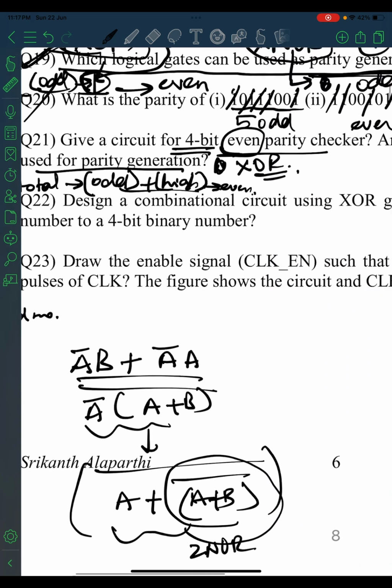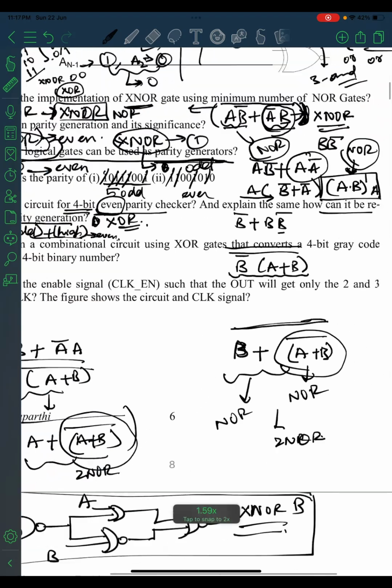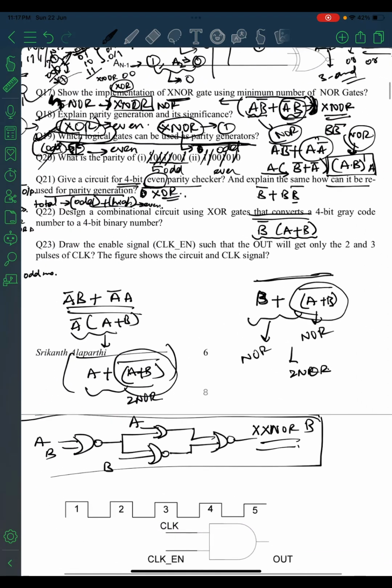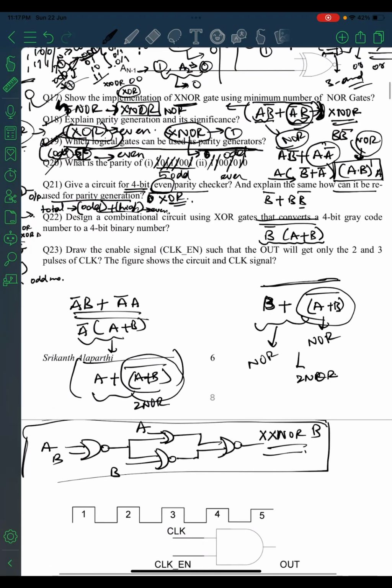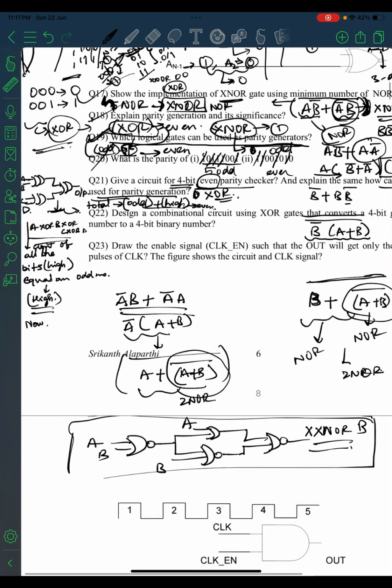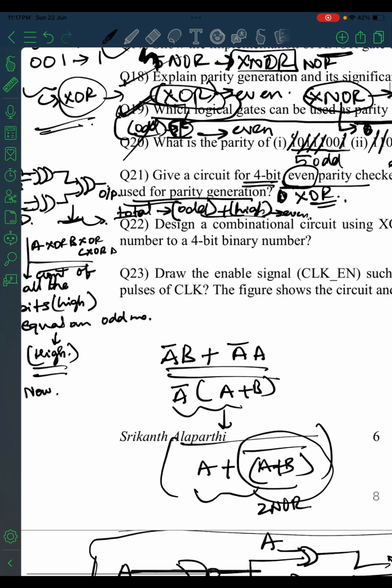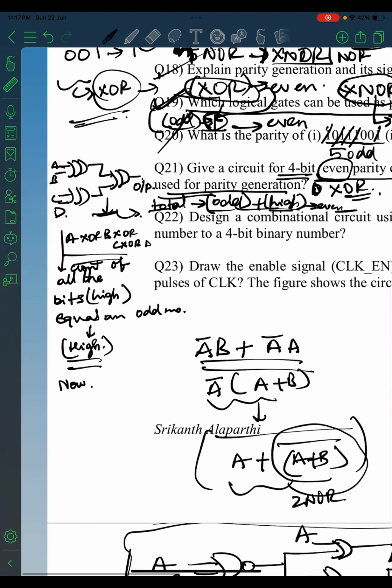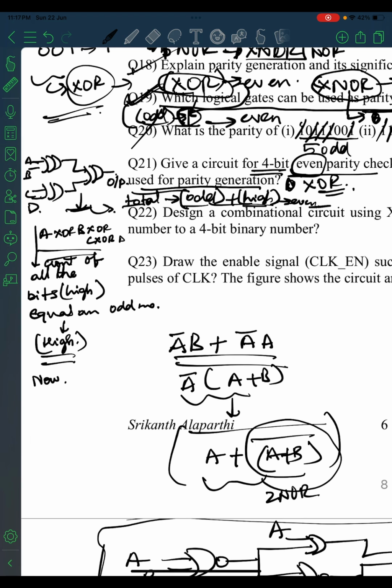So this is how the XOR can be used as an odd/even parity checker, and it can be used as an even parity generator also.